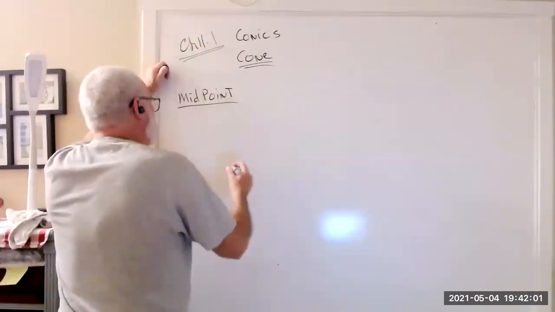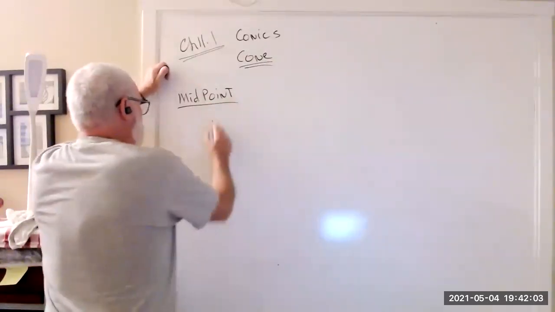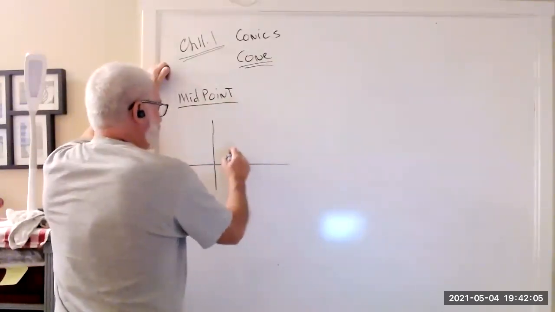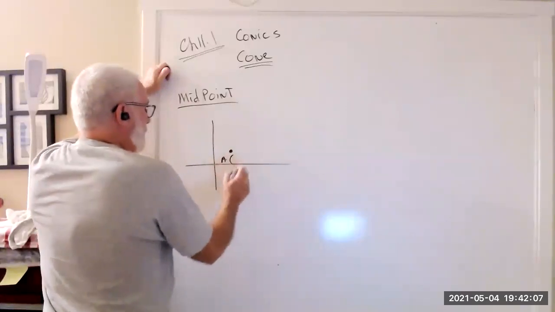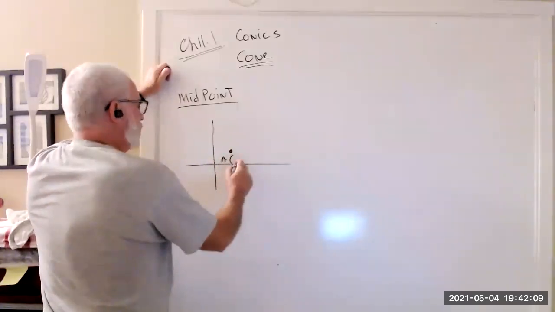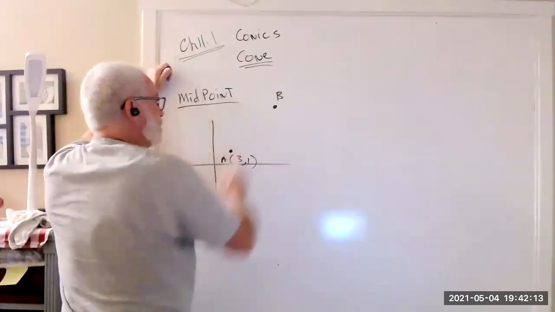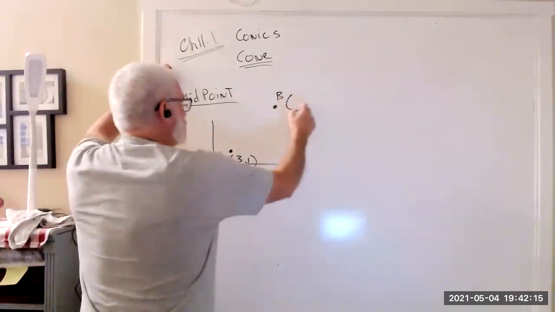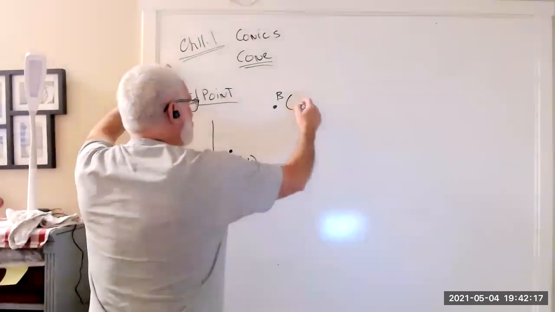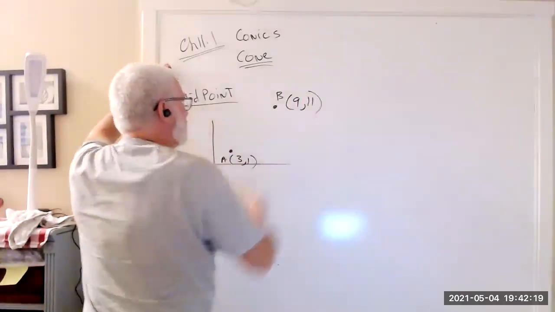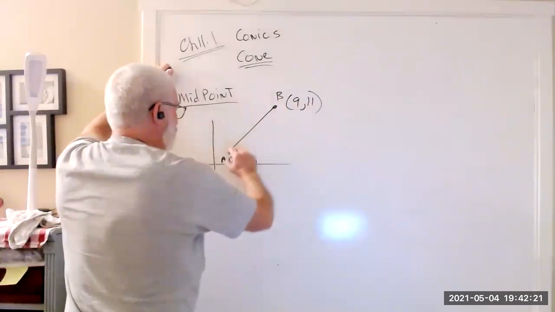Okay, suppose you had this point A, which is, let's say, (3, 1), and we want to come up here to point B, which is, let's say, (9, 11), and you have a segment like that.